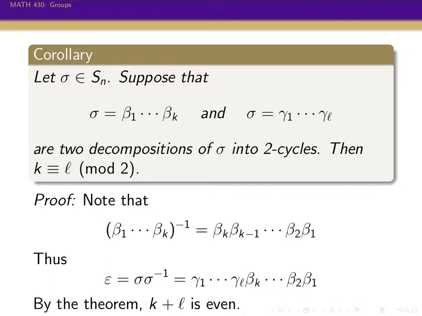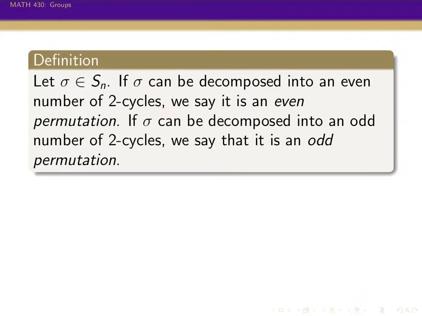And so then if K plus L is even, that means that they are congruent to each other mod 2. So they're either both even or both odd. Okay. So once we break a permutation down into 2 cycles, and we can count the 2 cycles, that means that if we know that it's even, anytime we break it into 2 cycles, it's going to be even.